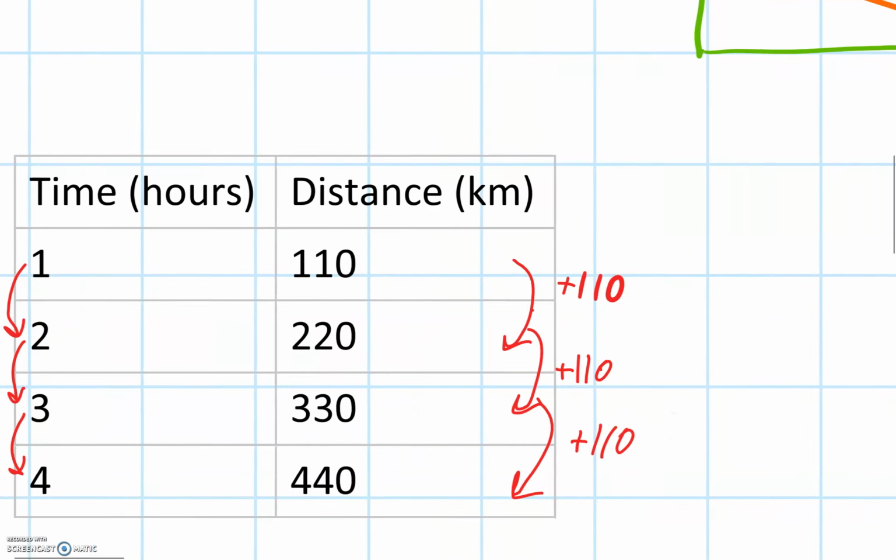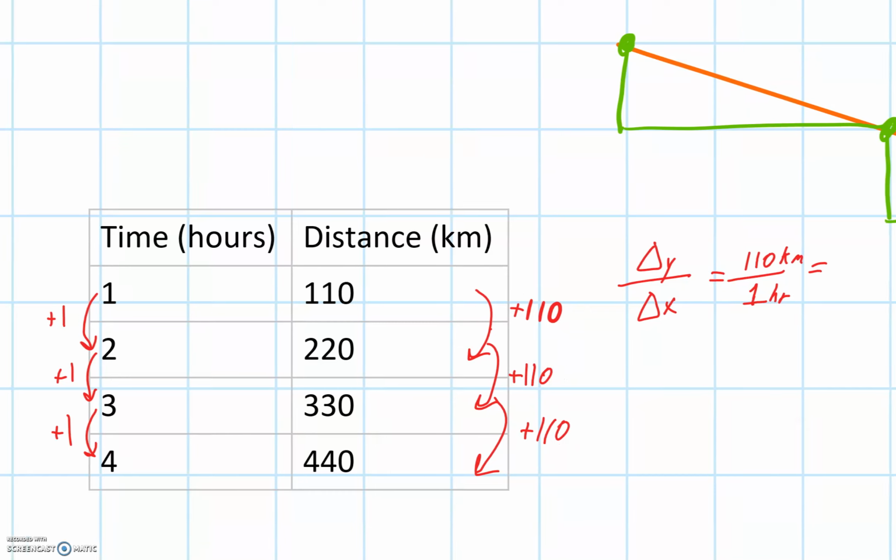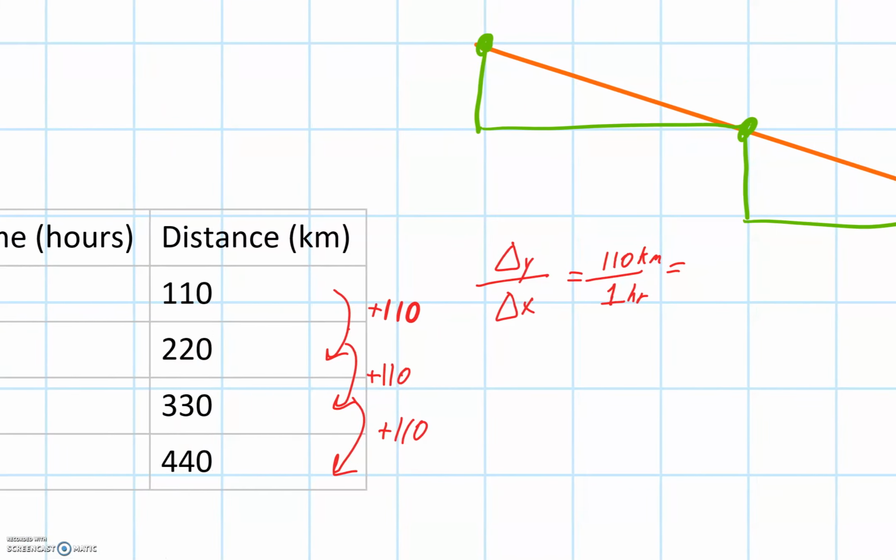So we can now take this as our change in y over the change in x. The change in y is 110, change in x is 1, and we can notice that this says hours, this says kilometers. So when we divide those two, we get kilometers per hour. So 110 kilometers per hour.